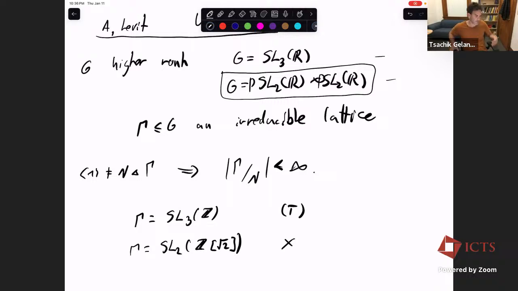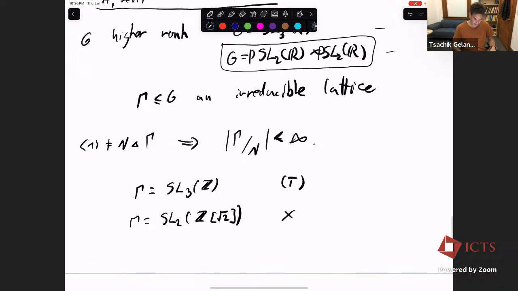So the case of a higher rank group without property T, he only proves in the book the normal subgroup theorem for co-compact lattices. In the paper, he does it for general lattices.